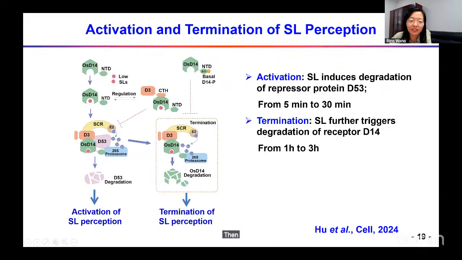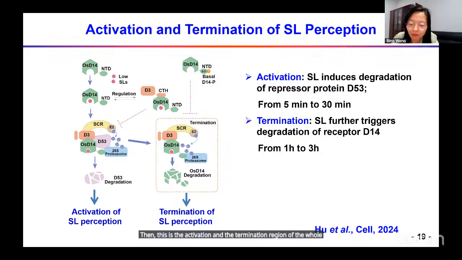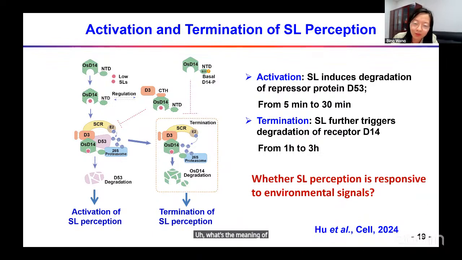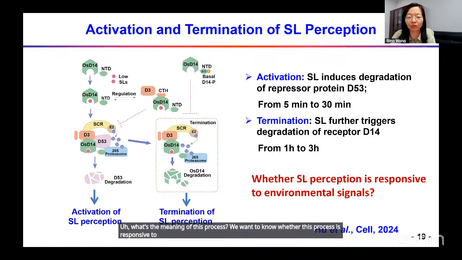Then this is the activation and the termination of the whole strigolactone perception process. What's the meaning of this process? We want to know whether this process is responsive to environmental signals.